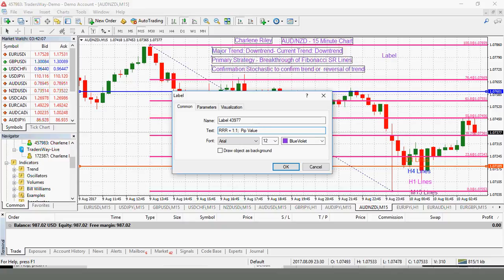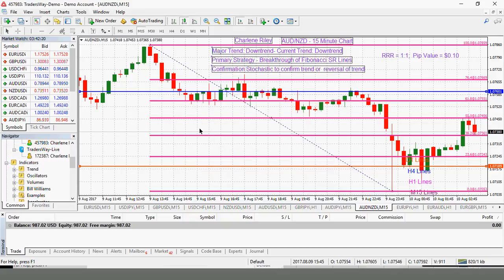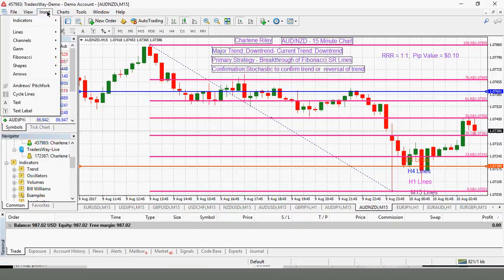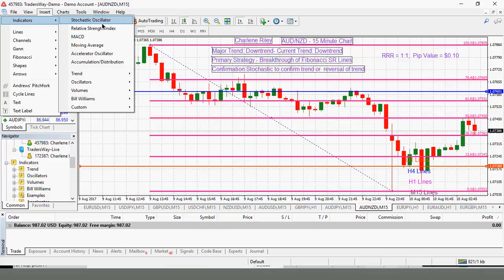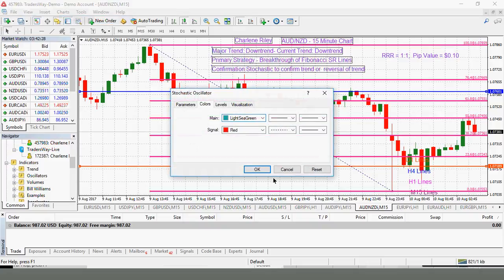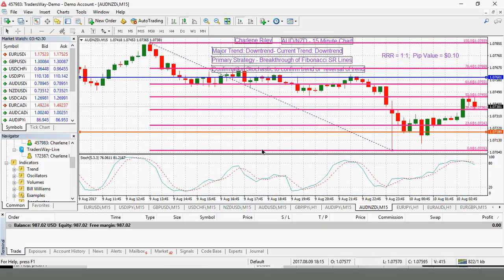I'm going to stick with that until I feel like I've gotten my trading plan down pretty good. The next thing is to insert my stochastic oscillator, which I will use as confirmation.